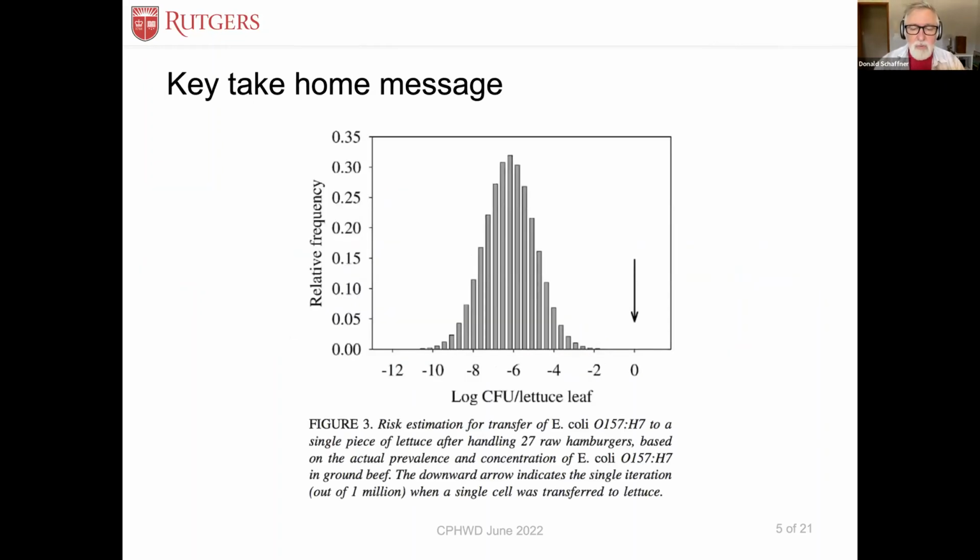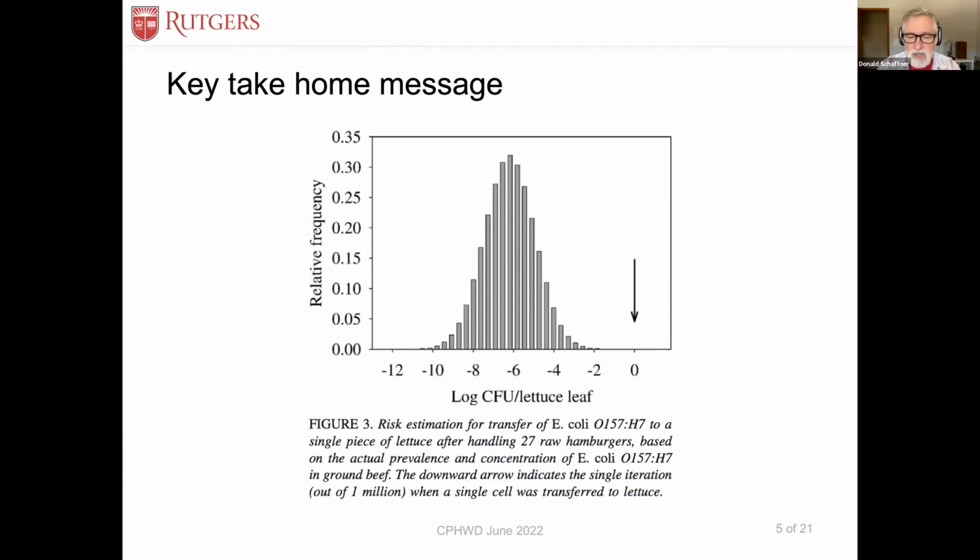And it turns out that risk is actually relatively low. And so we didn't actually calculate the probability of illness, but we did calculate the probability that a single cell of a pathogenic organism, E. coli O157:H7, that's found in ground beef, we calculated the probability of, if somebody failed to wash their hands, what would the chance of them actually getting an E. coli organism on a piece of lettuce?